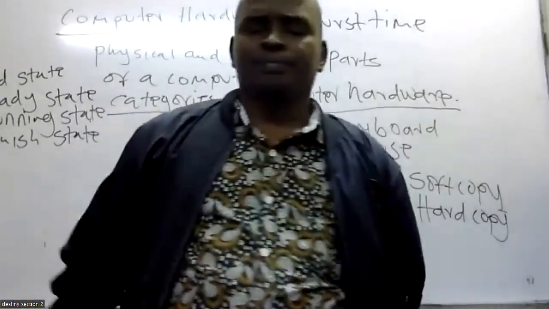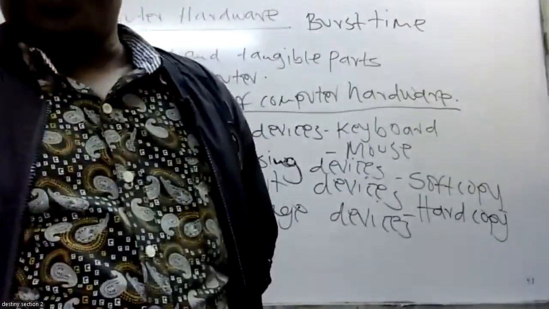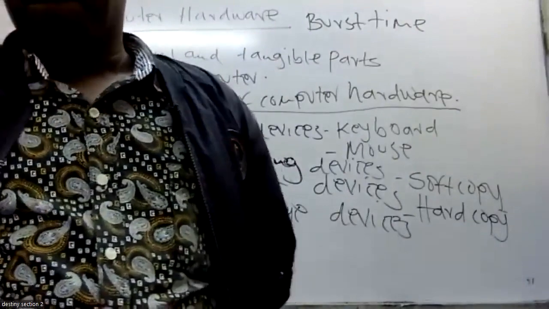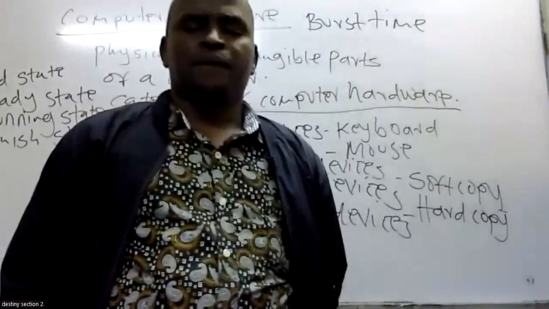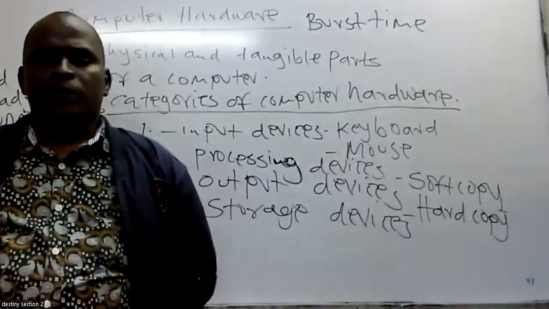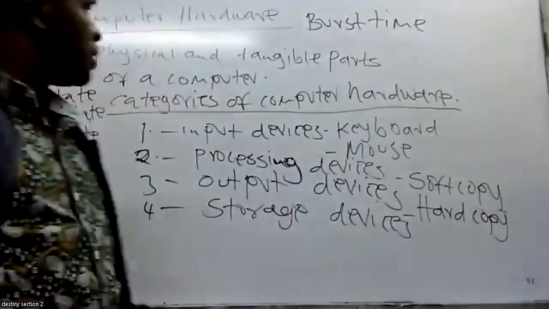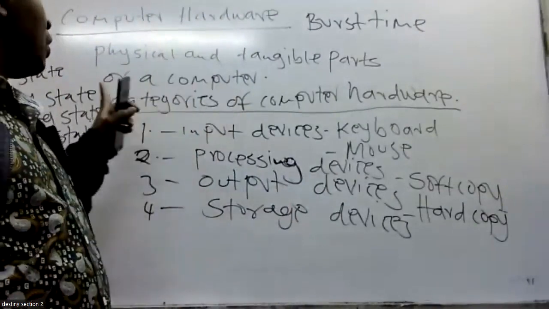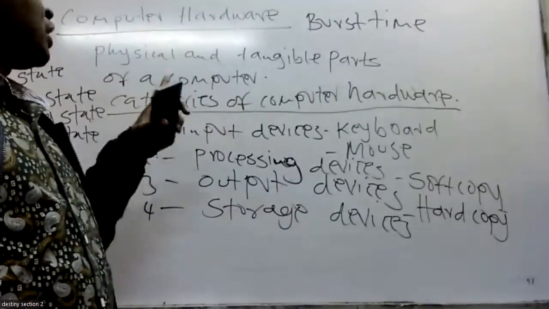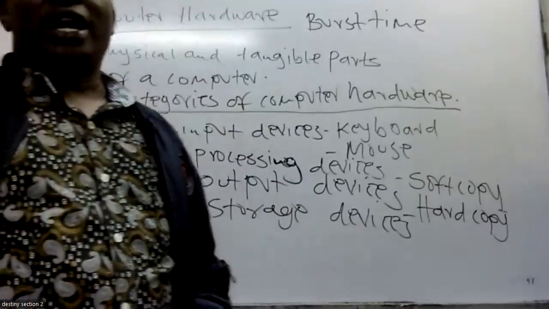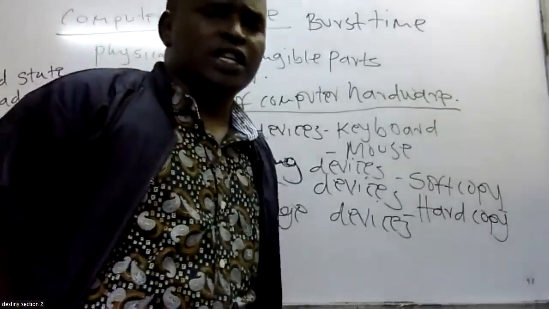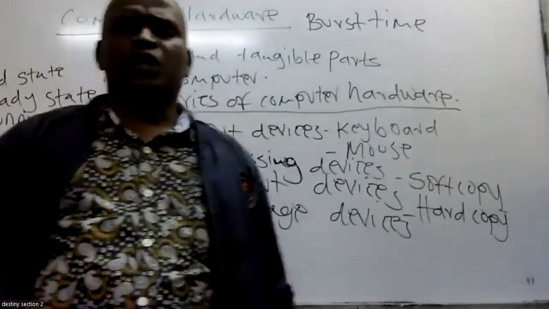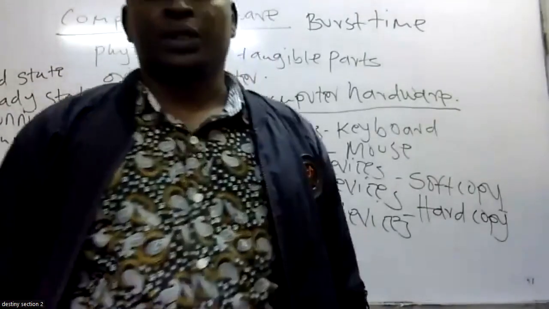Computer hardware. Computer hardware is the physical and tangible parts of a computer. They are the physical and tangible components of a computer.